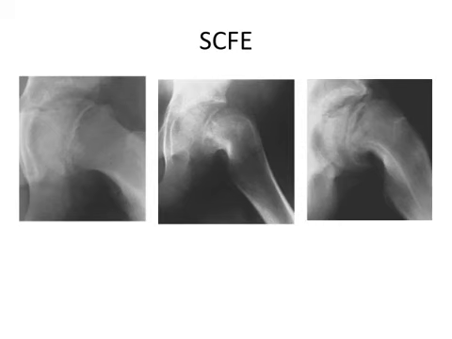The slipped capital femoral epiphysis, which we abbreviate SCFE, is one of the diseases that can happen in kids with hormonal imbalance, in which the upper femoral physis is not resting in the center of the neck, and by having this slip, there is a decreased range of motion of the hip and limping as well.